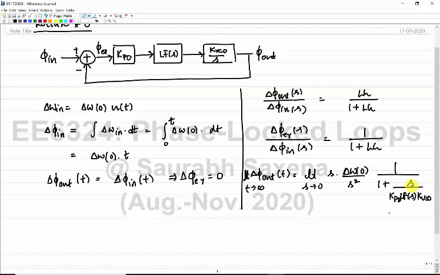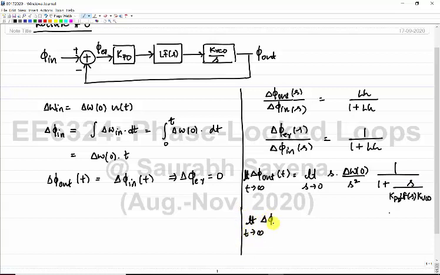Okay. And here if we substitute, here we are finding the value as t tends to infinity. If we substitute, we will find that this value goes to infinity. Is that correct? Yes. Now the other thing which we are saying is with respect to error.